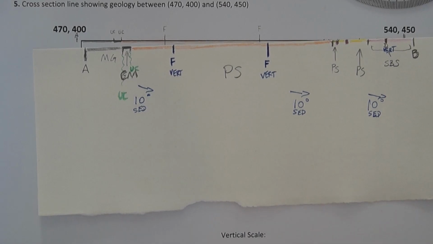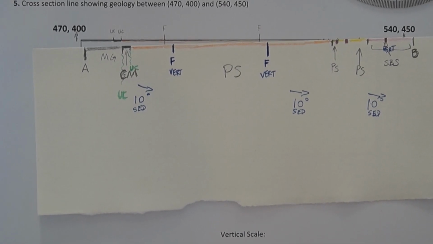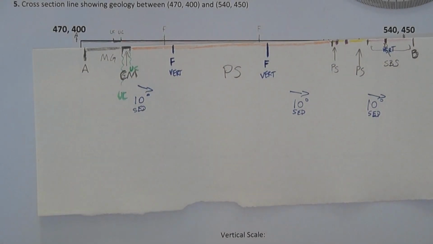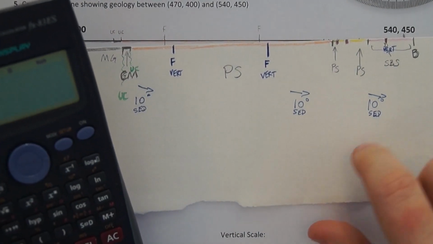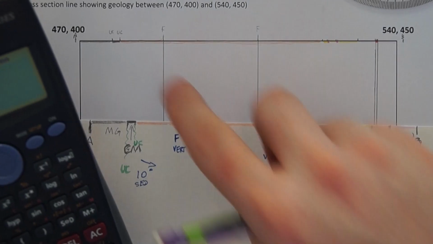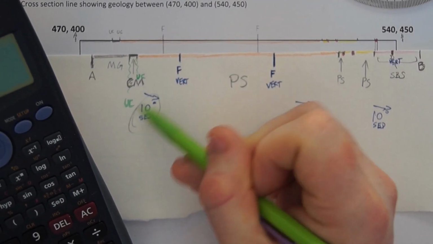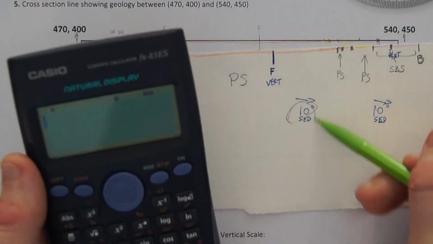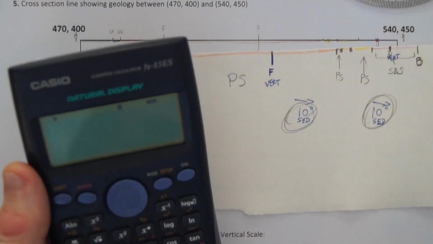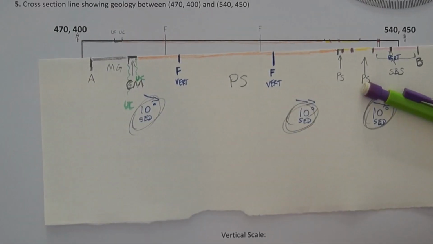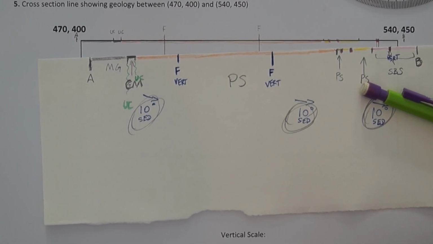That's what the dip arrows are telling me. But if you remember to the question, we're going to have to draw this cross-section with some vertical exaggeration. So what we're going to have to do is modify these dips to take into account that vertical exaggeration factor.